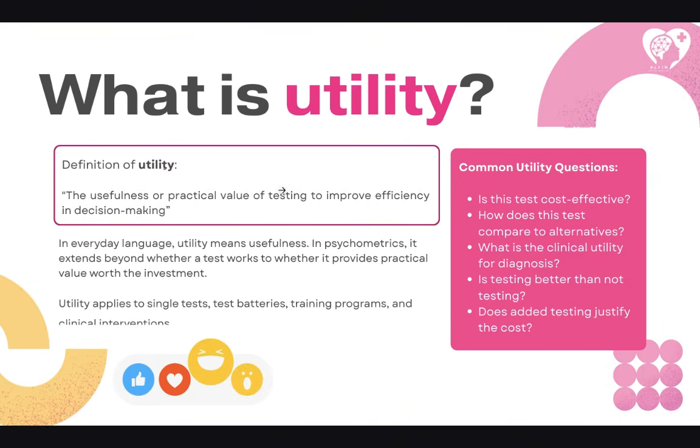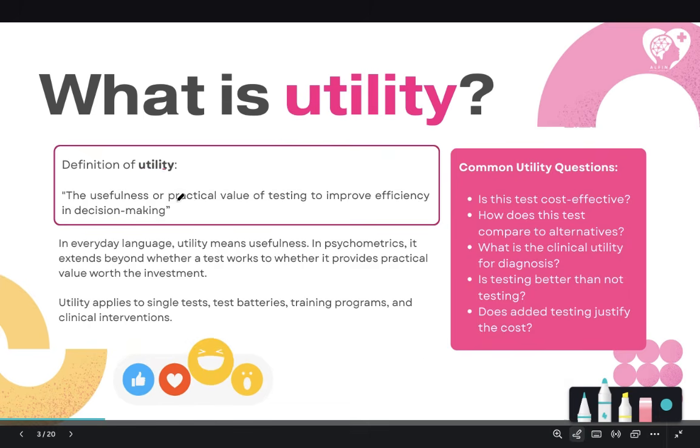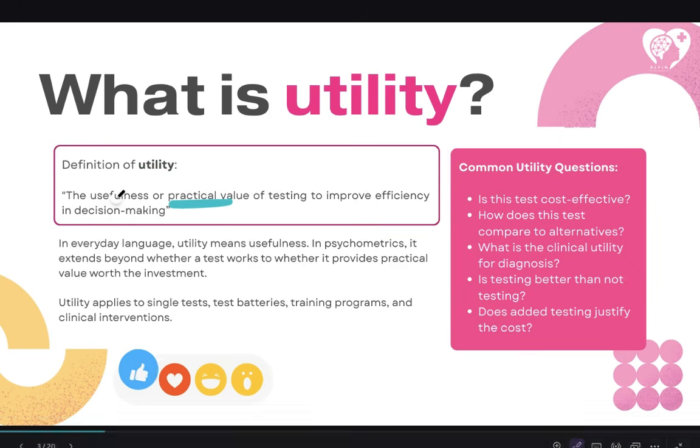Put simply, it's the practical value of using a test. Okay? The practical value. So, what is the practical value if I use a test in helping me come up with a decision? The utility here asks the question, is this test actually useful in the real world? Now, notice that I highlighted the words practical value.